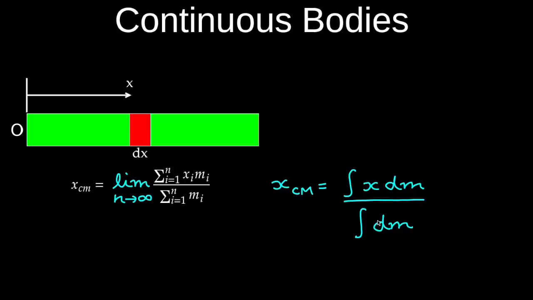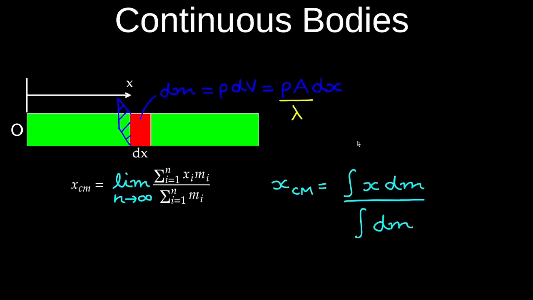Now if we visualize this as a differential mass element, then that's equal to the density times the volume of the element. And for this one-dimensional rod, we have a uniform area. So effectively, the volume is area times dx. So what we call this is lambda, or the linear density.